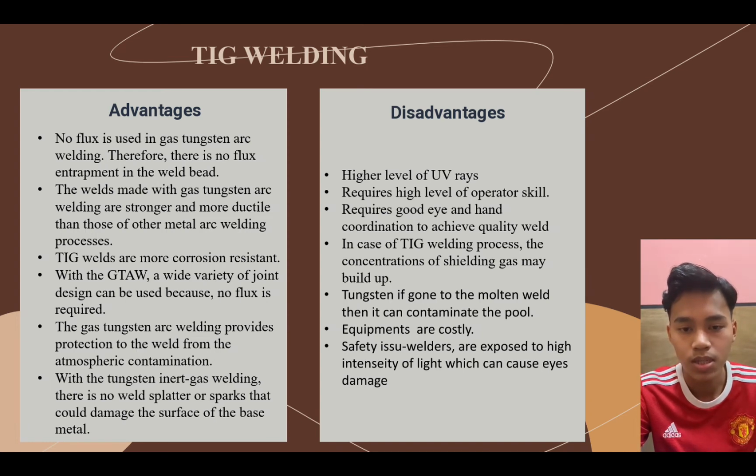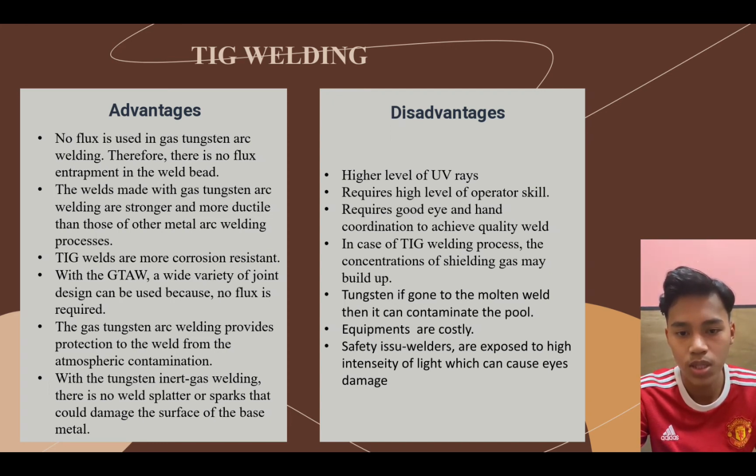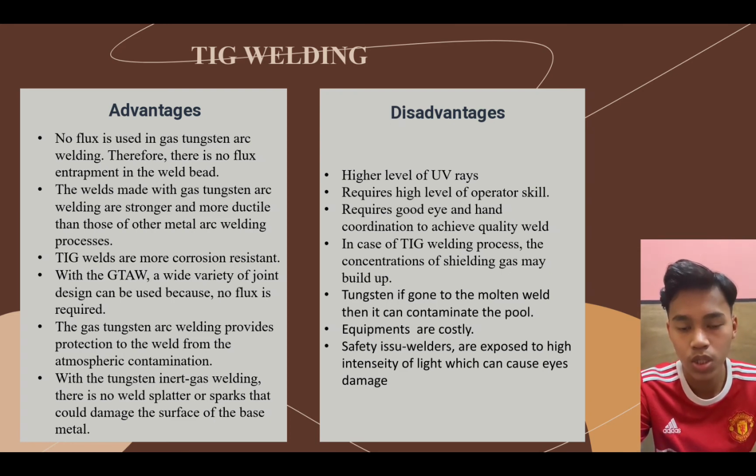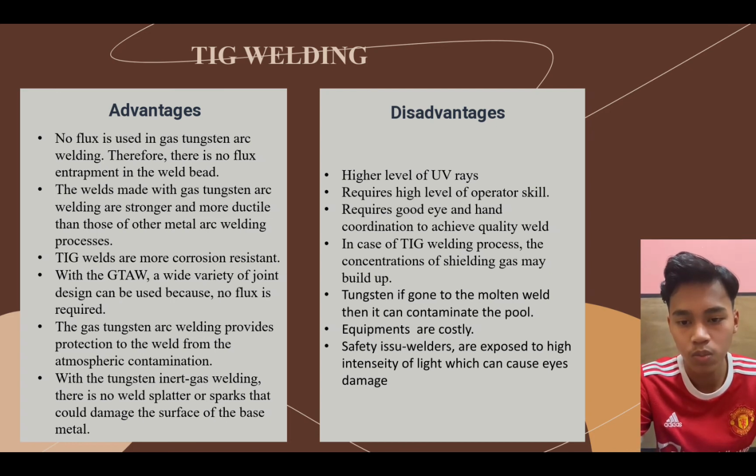Number 3, TIG welds are more corrosion resistant. Number 4, with GTAW, a wide variety of joint designs can be used because no flux is required. Number 5, gas tungsten arc welding provides protection to the weld from atmospheric contamination.